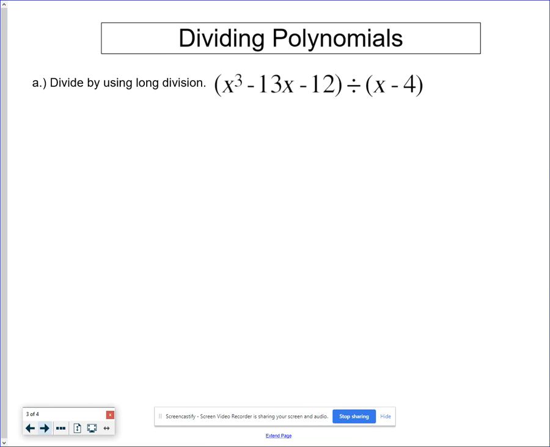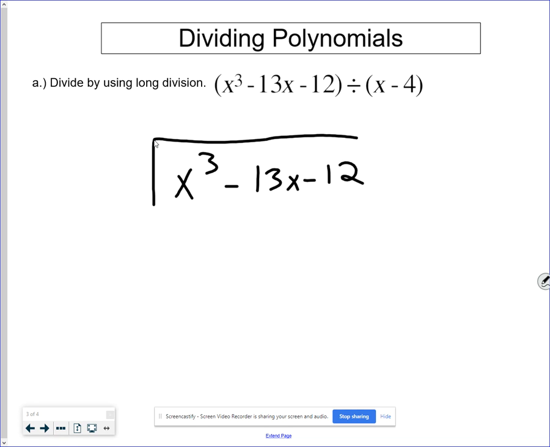So let's look at this last example here. We have x cubed minus 13x minus 12 divided by x minus 4. So we'll go ahead and set this up again. But if you notice, we go from an x cubed term to an x to the first term. We skip our x squared term.